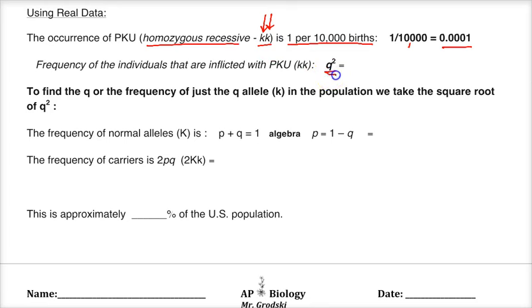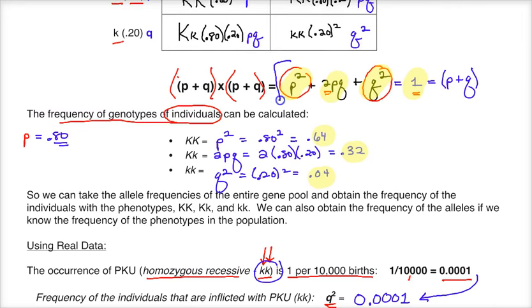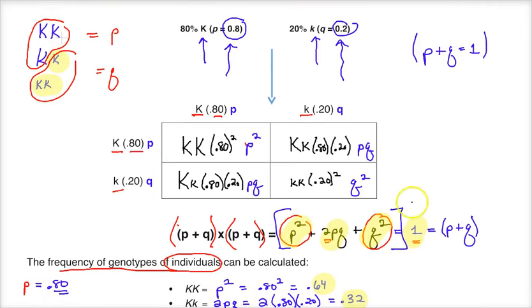So q squared is equal to 0.0001. This is q squared, right? We're talking about people. The actual genotypes are from this equation, and this equation came from the mating, or putting together, of the gametes.